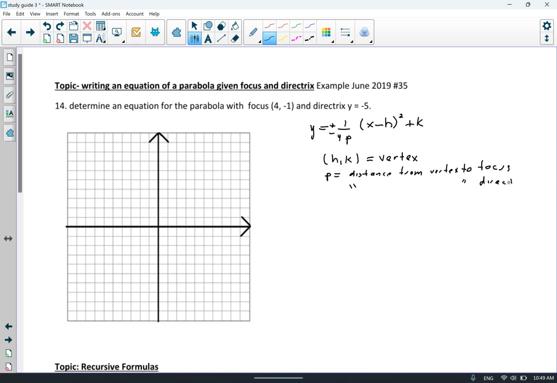It's the same distance. In other words, the vertex is in between the focal point and the directrix.